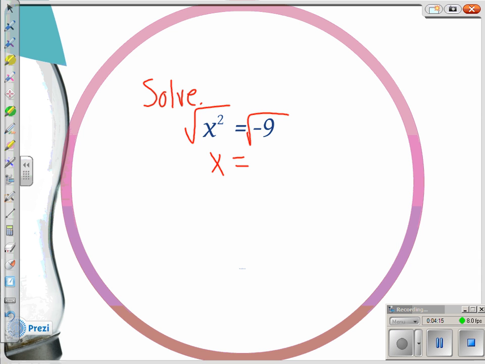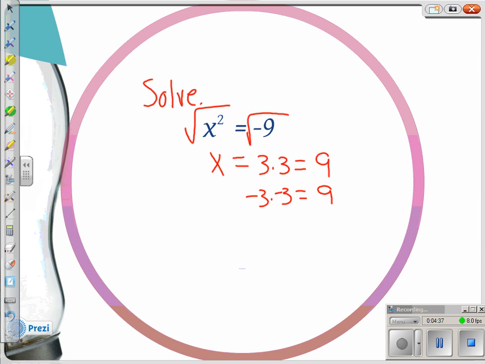and we take the square root of negative 9, well, then we kind of have a problem here. I can't multiply anything by itself and get a negative 9. This is what I mean. Because remember, a square, it has to be the same number times the same number. So I can't take a positive 3 and a negative 3.